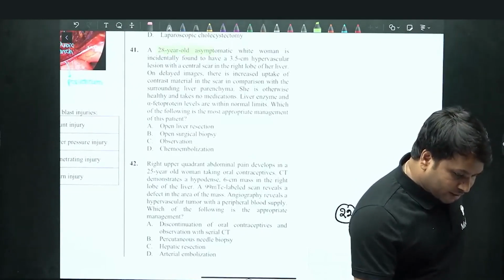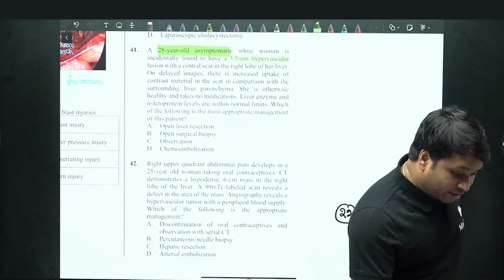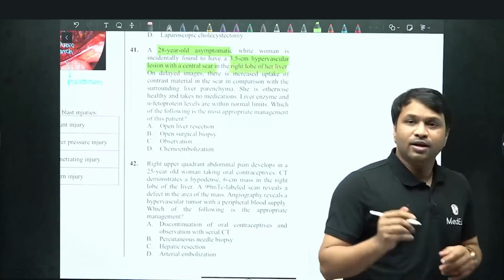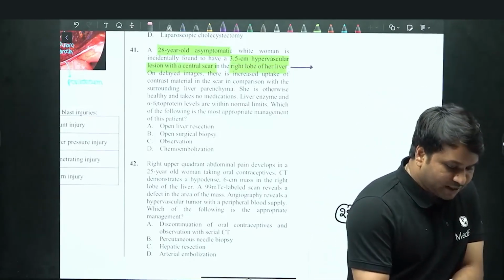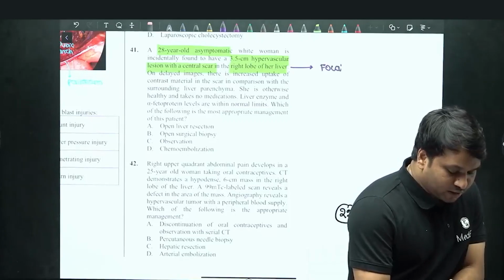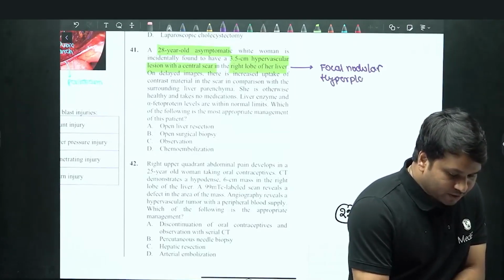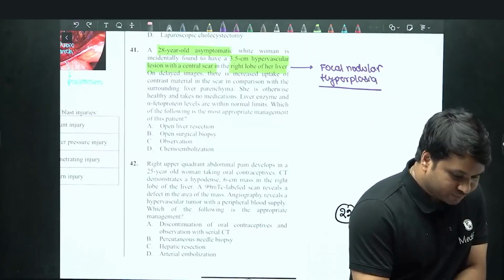A 28-year-old asymptomatic white woman is incidentally found to have a 3.5 centimeter hypervascular lesion with a central scar in the right lobe of the liver. Now, the central scar is seen in focal nodular hyperplasia, which is FNH.